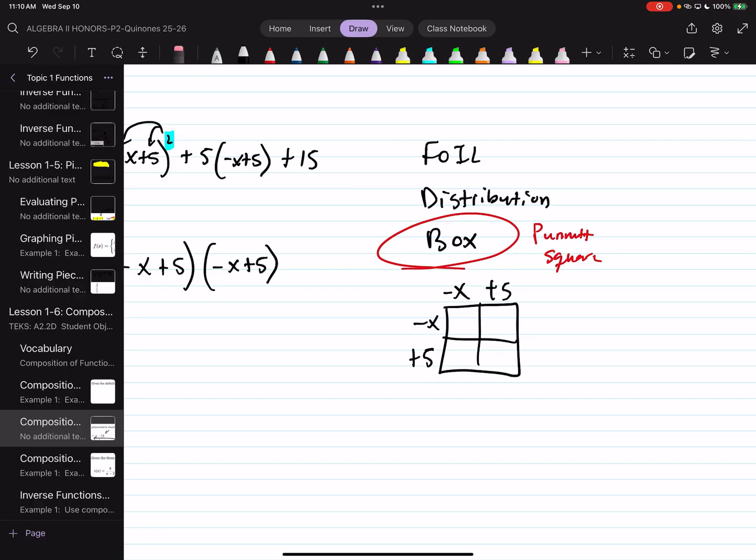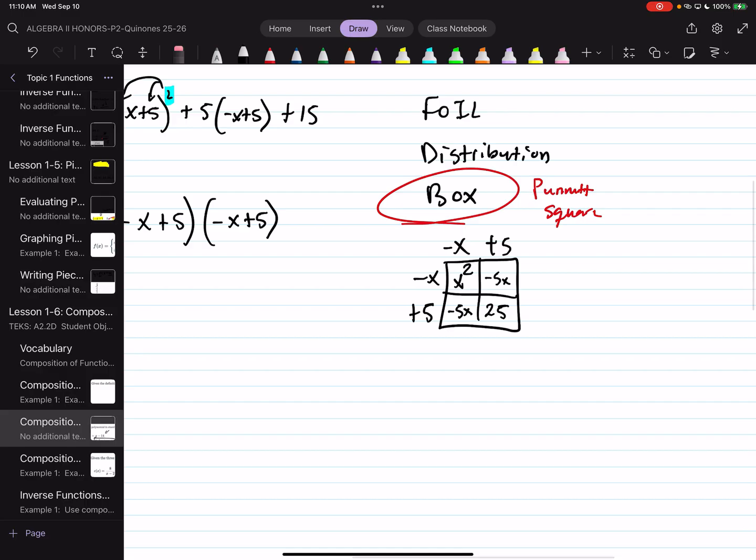When we multiply terms with the same base, what do we do with the exponents? We add them. This is simple Algebra 1, everybody. We're literally kicking back to Algebra 1. 5 times negative x, that's negative 5x. Same thing here. Negative x times 5 is negative 5x. And then 5 times 5 is 25.